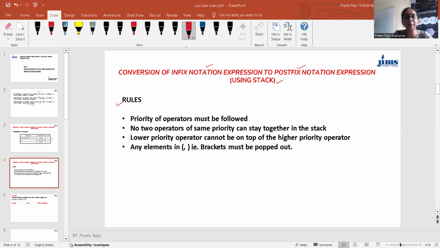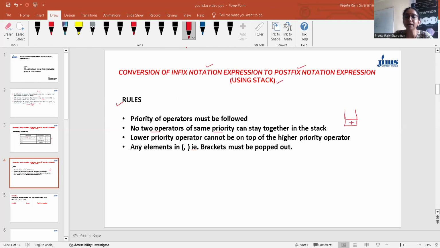The second is that no two operators of the same priority can stay together in the stack. For example, if a stack already has a plus operator, you cannot add a minus operator on top of it, because both of these operators have equal priority.